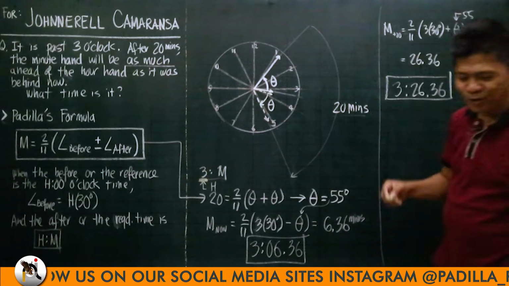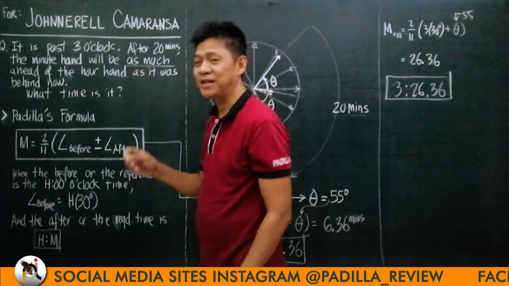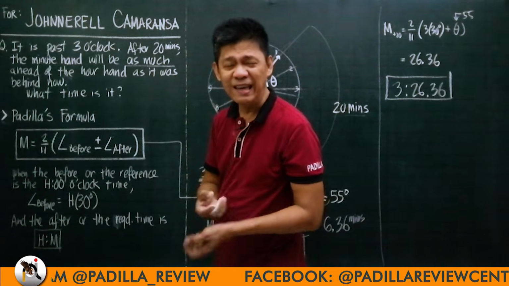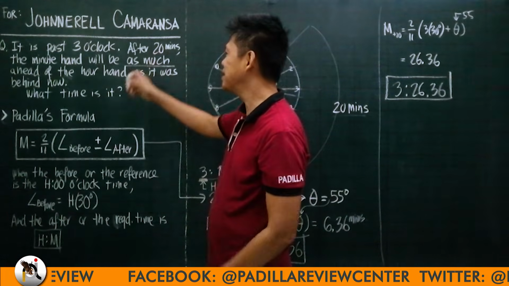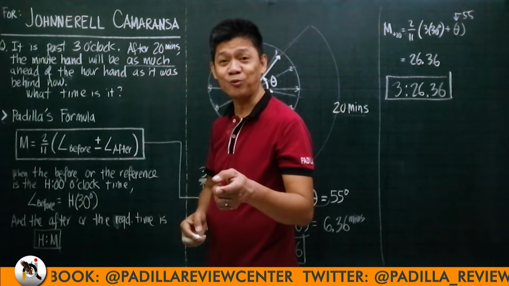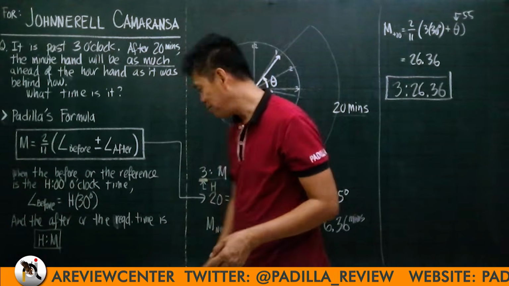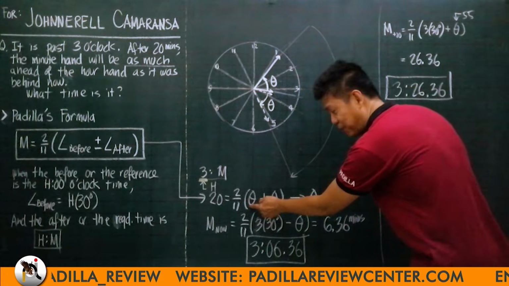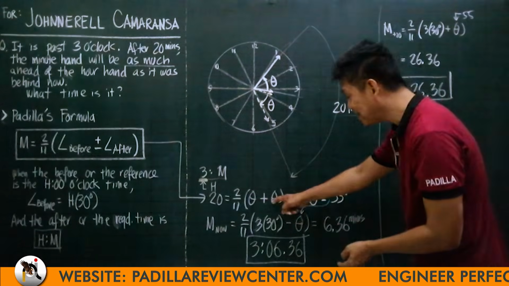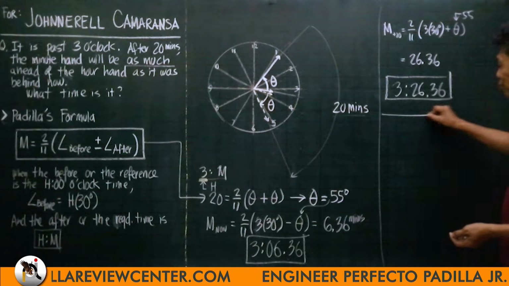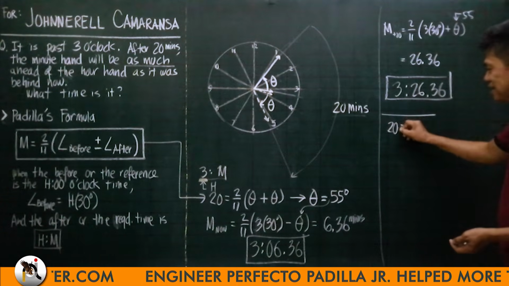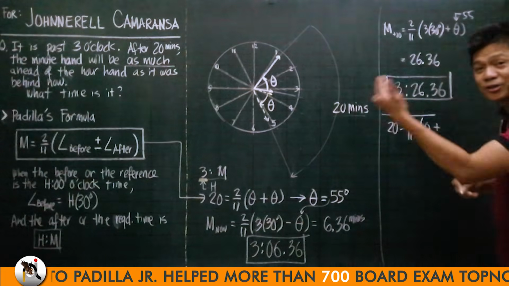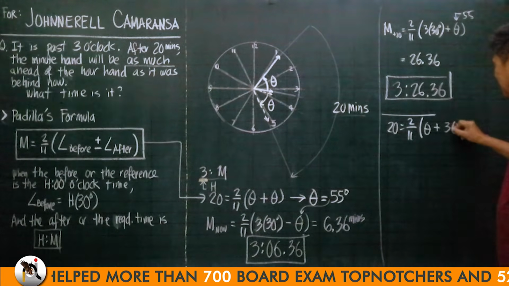It's simple. The beauty of that is, for example, it says after 20 minutes, the minute hand will be thrice as much ahead of the hour hand as it is behind now. So, this is theta, and when it returns, this is 3 theta. So, the equation becomes 20 minutes is 2/11 times theta before and 3 theta after.